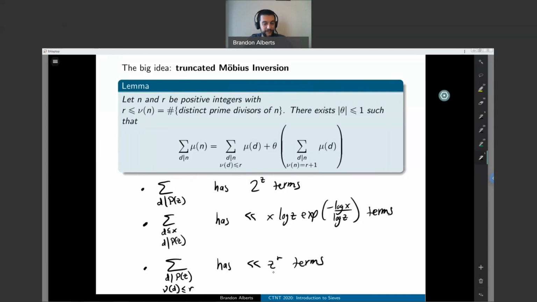So depending on how we choose z, we could get much smaller than x to the 1, instead of only a little bit smaller, like this bound in the middle that we got with Rankin's trick. That's the big benefit here. It's the idea that integers with a bounded number of prime factors are pretty sparse among all integers.